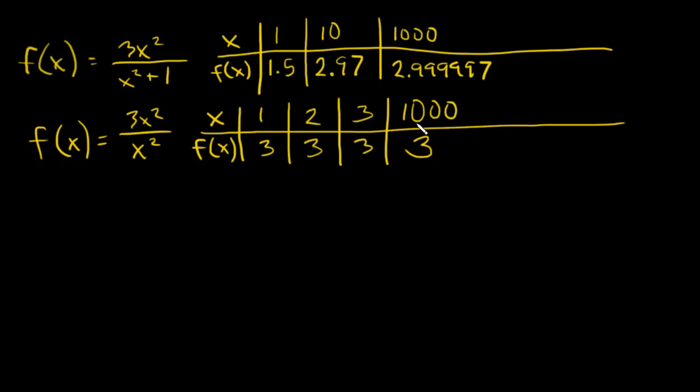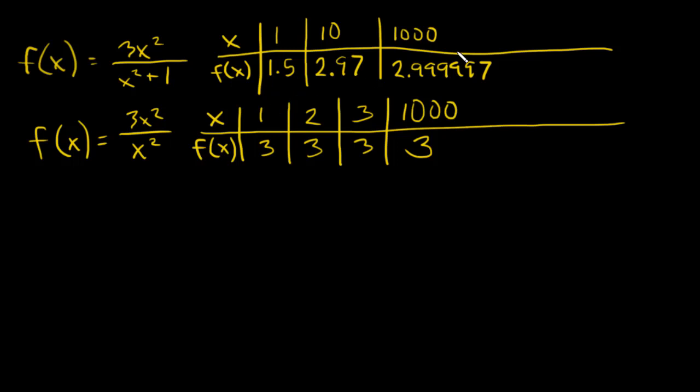See a pattern? Well, definitely. What happens is, at the very beginning, when I have x values that are small, there's a difference between f of x being 3x squared over x squared and 3x squared over x squared plus 1. There's quite a bit of a difference.